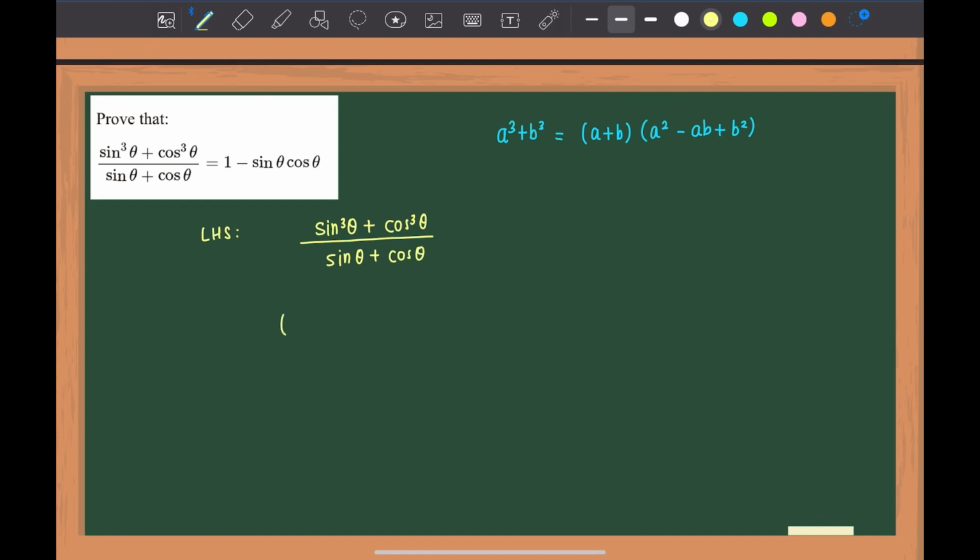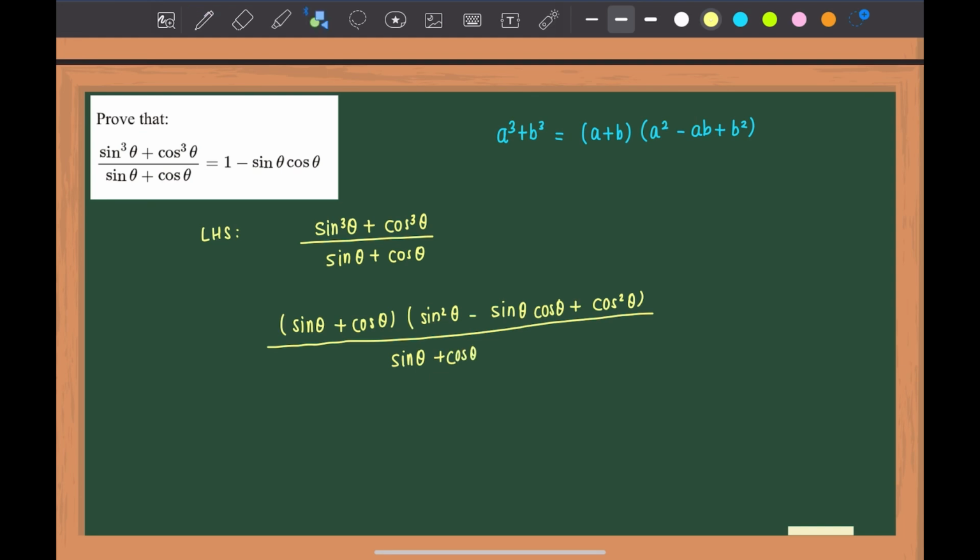So I can write this as sine theta plus cos theta in the form of a plus b, then a square, that will be sine square theta, minus a into b, that will be simply sine theta cos theta, plus b square, that will be cos square theta, and the whole thing will get divided by sine theta plus cos theta.